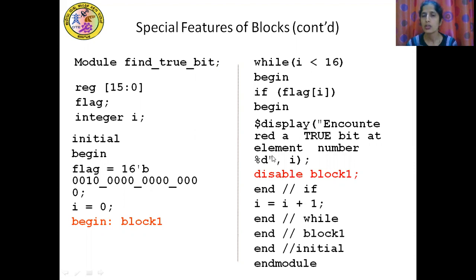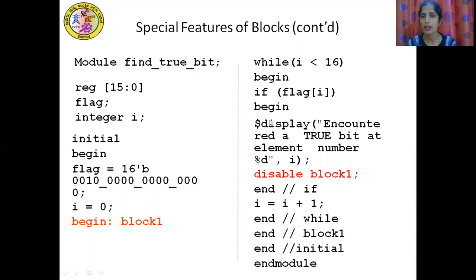So the value of I will be incremented and then it will move on. When we come to this bit, flag has a logic high value here. In that case, flag of I is equal to logic 1 and hence the statements within the if loop will be executed.